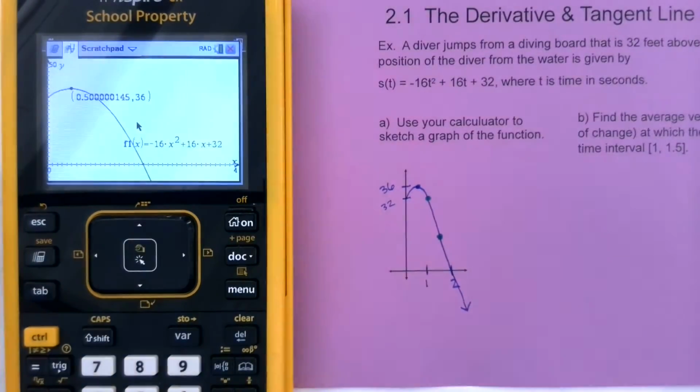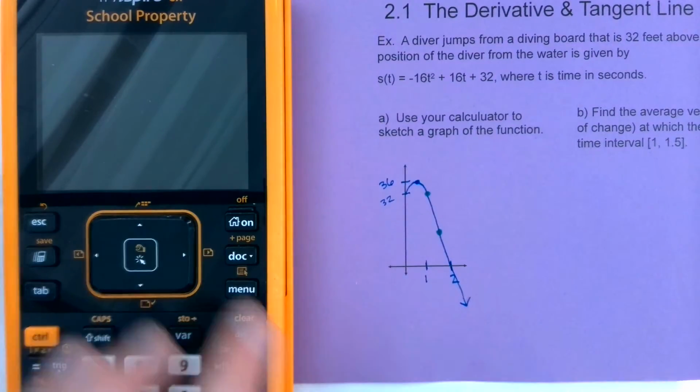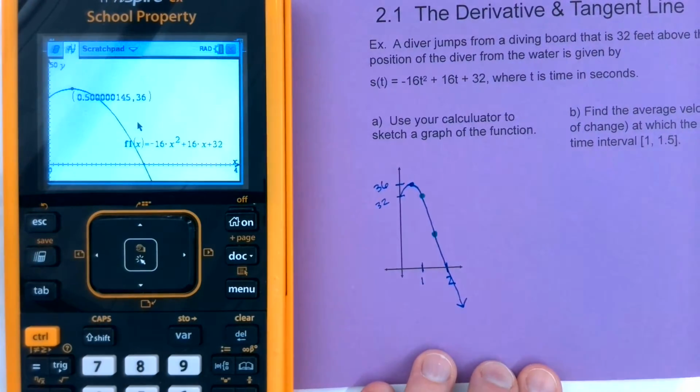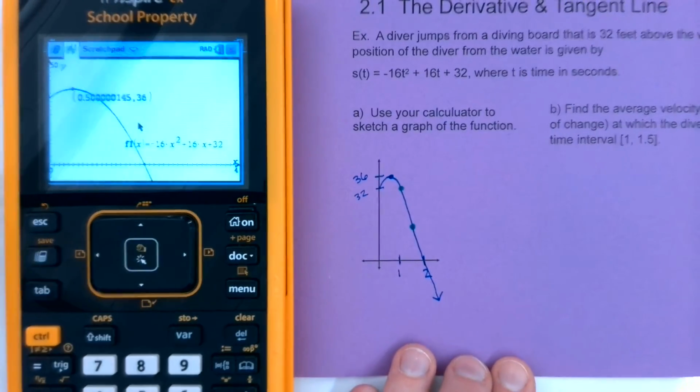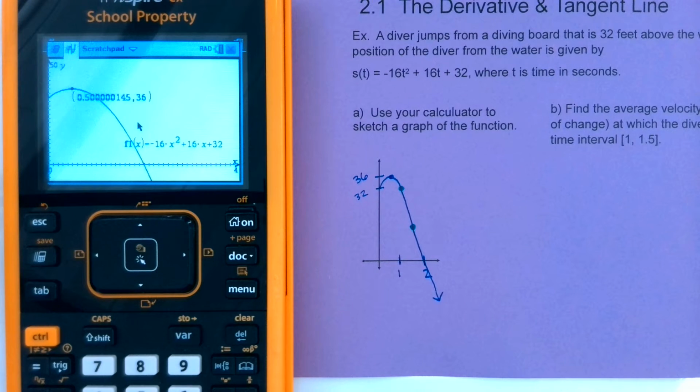What does it mean if we are finding an average rate of change? What are we doing? What is rate of change? Slope. It is slope. And since we're talking about distance and time, whenever we look at the change of distance over time, whenever we find slope, it will be velocity.